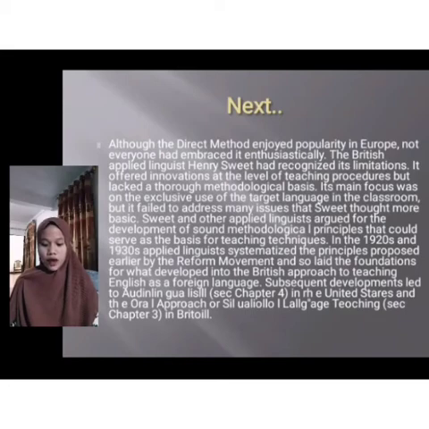Not everyone had embraced it enthusiastically. The British applied linguist Henry Sweet had recognized its limitations. Sweet and other applied linguists argued for the development of sound methodological principles that could serve as the basis for teaching techniques.